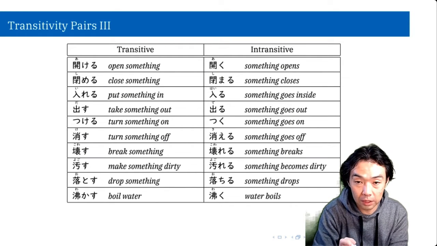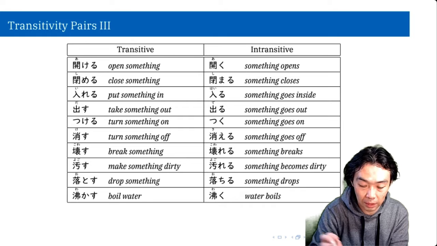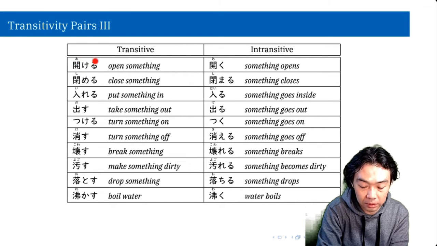And so this is the list of the transitive pairs that the textbook uses in chapter 18. So I'm going to start with transitive. 開ける is to open something.